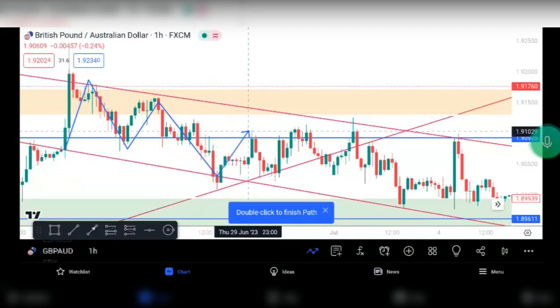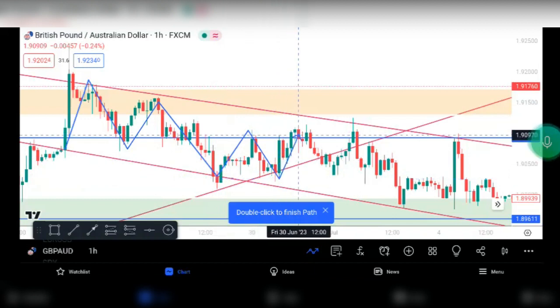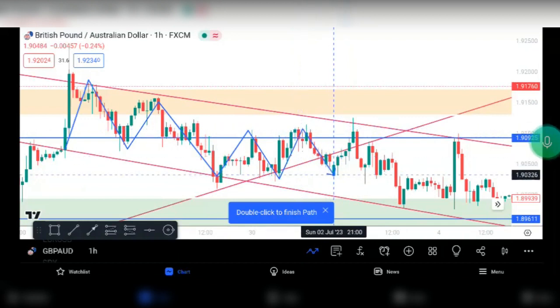Higher high. But this was not too high, so it is nullified. It's not high enough to take on this other one. That was why it was nullified at this zone, so we cannot call it a higher high for all these ones. If you draw a trend line now, you can't get a trend line, so it is not high enough.